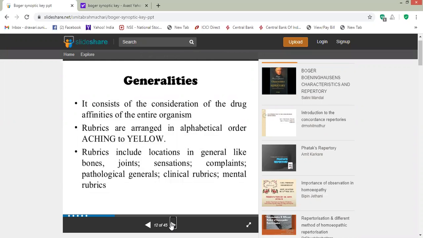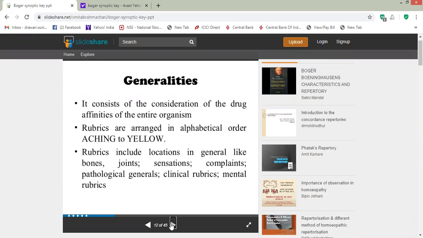Then generalities. The symptoms related to the general. It consists of the consideration of drug affinities of the entire organism. Rubrics are arranged in alphabetical order, aching to yellow. So in these generalities also, rubrics are arranged from A to Y in alphabetical sequence.